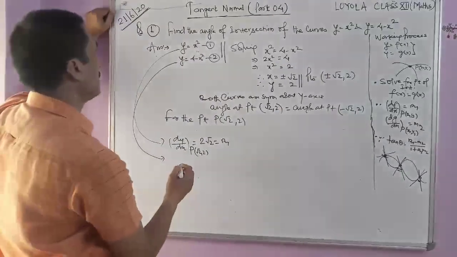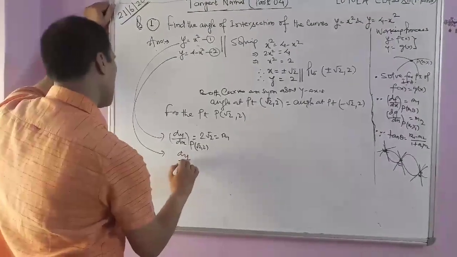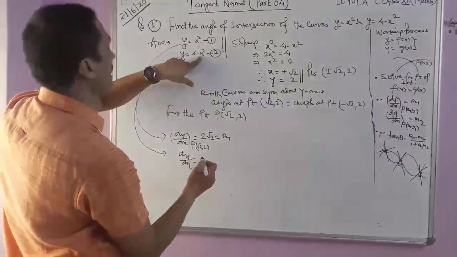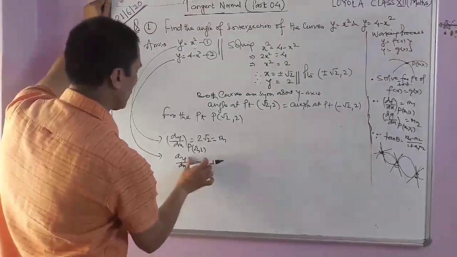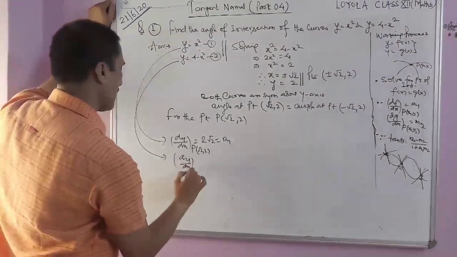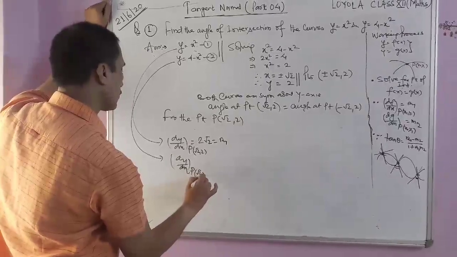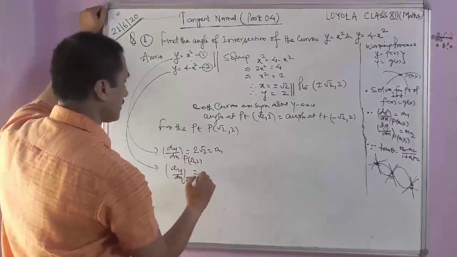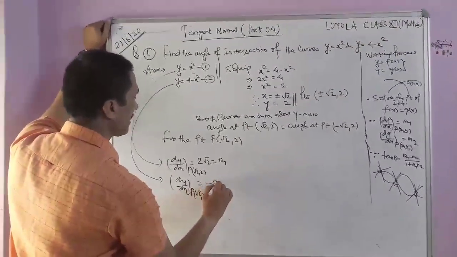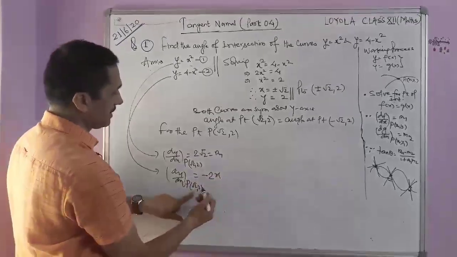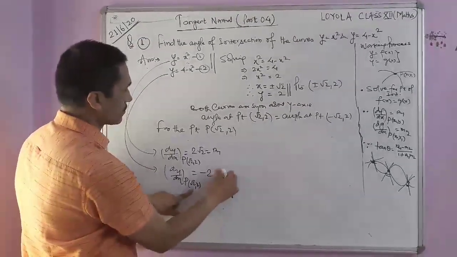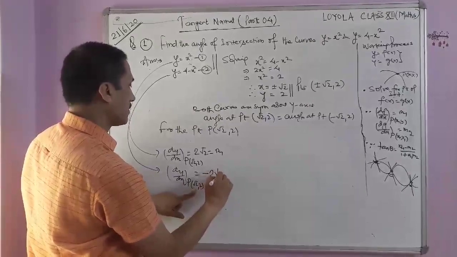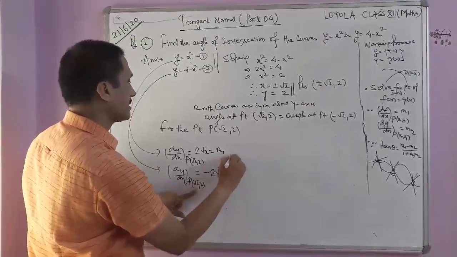Differentiating the second equation, dy by dx equals 0 minus 2x at the same point root 2, 2, here x is again root 2, so minus 2 root 2, assuming it m2.